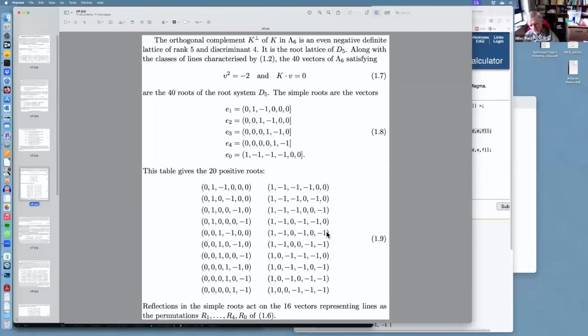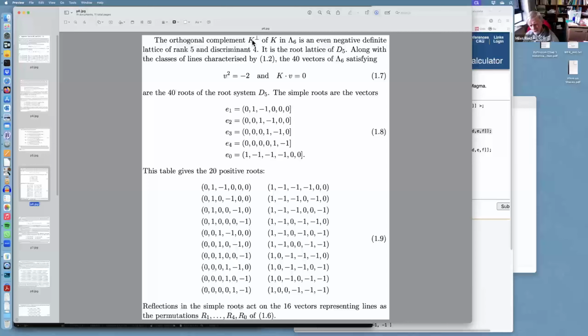The root lattice is obtained by, so I'm in this Lorentz lattice with 1 plus and 5 minuses. Yes, and it's unimodular dot product.